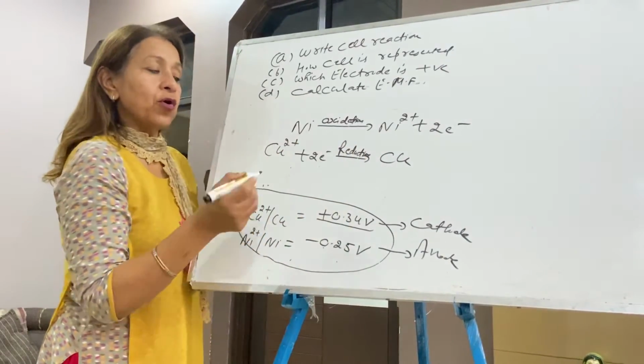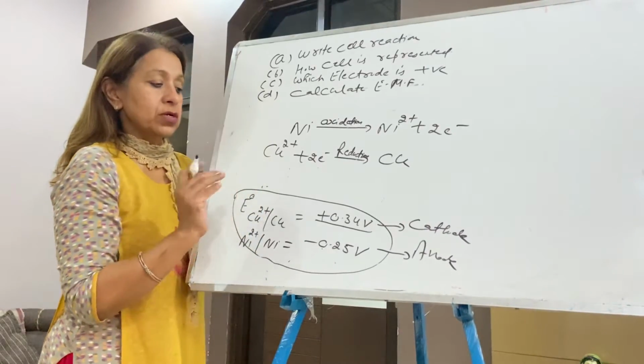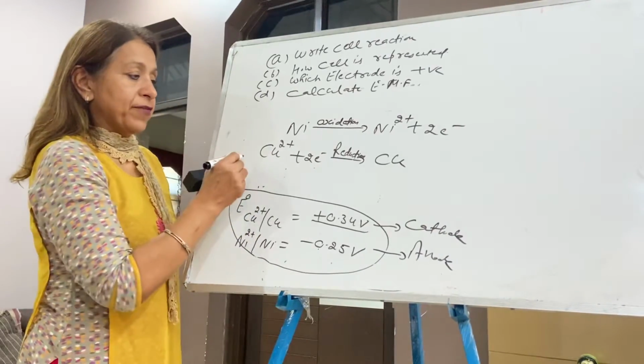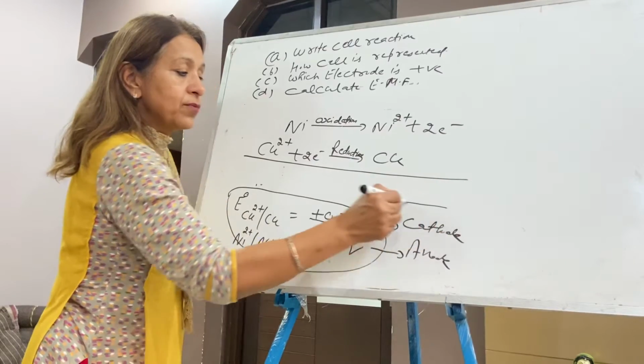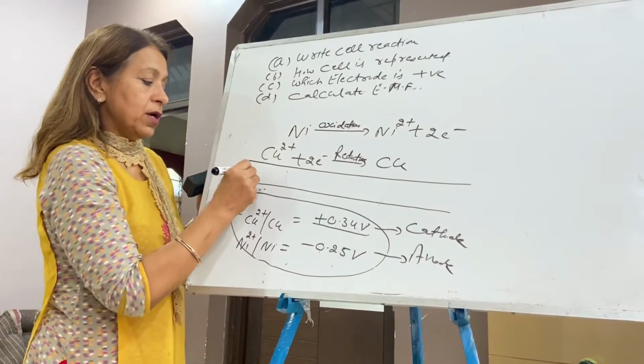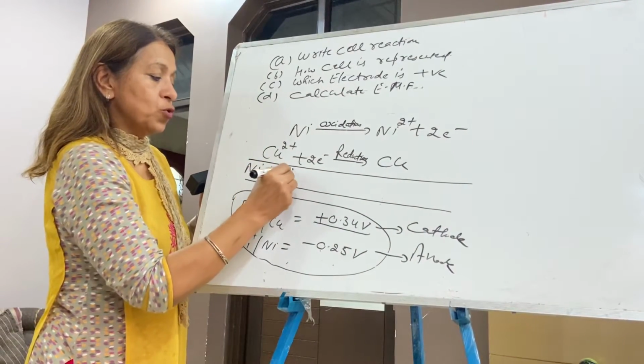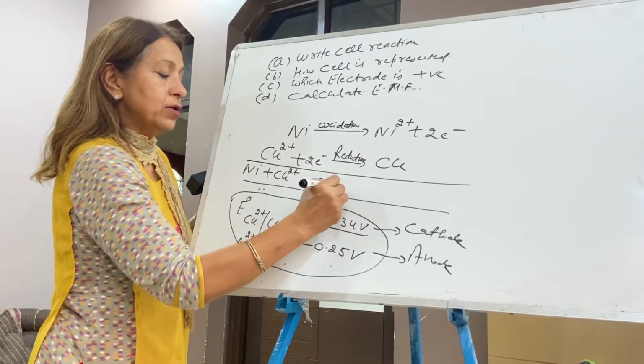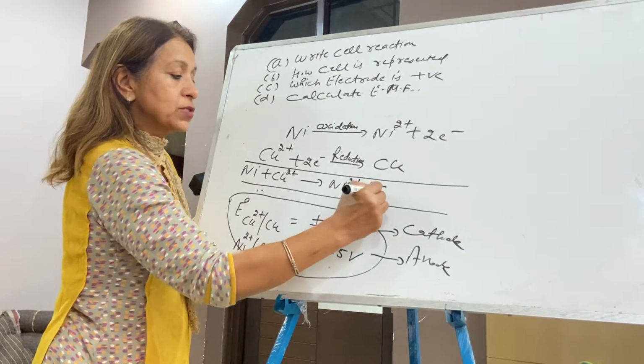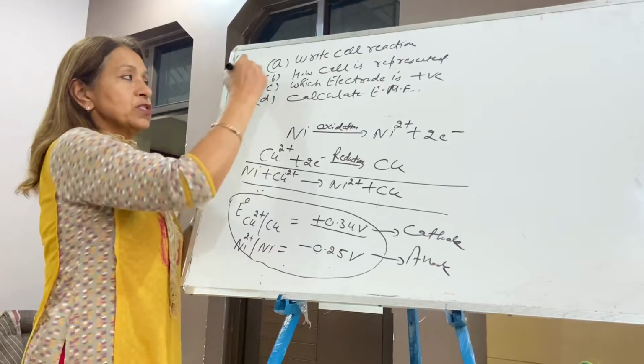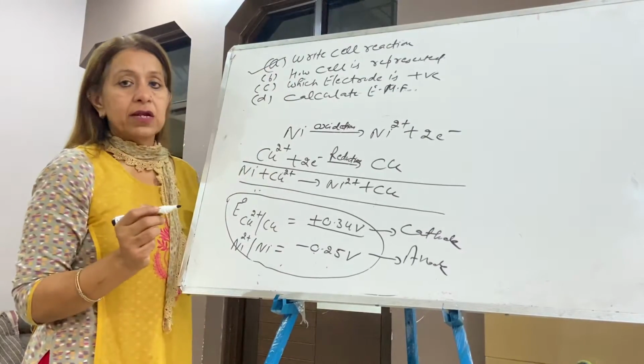Anode oxidized, cathode reduced. This is a cell reaction. After that you can add these two equations. This comes nickel plus copper 2 plus, arrow nickel 2 plus plus copper. A part completed, write cell reaction.